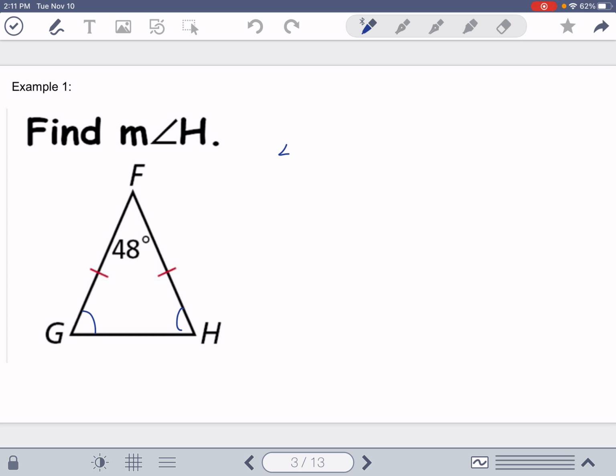That's by the definition of an isosceles triangle. So if we wanted to revert to algebra, we could put an X here and an X there because they're the same amount. And we would say X plus X plus 48 equals 180 degrees because 180 degrees is how many degrees we have in a triangle.